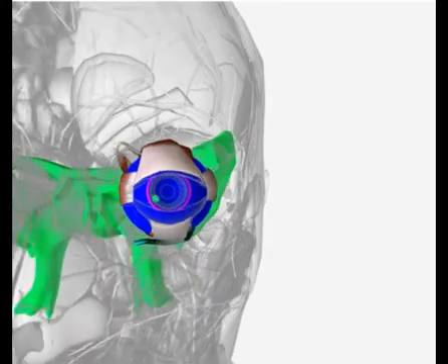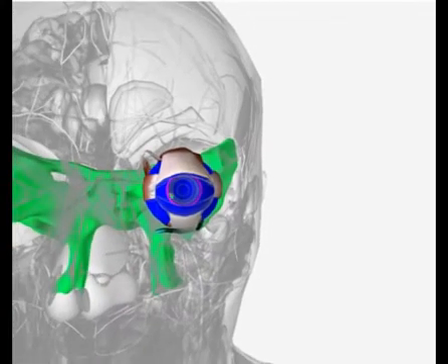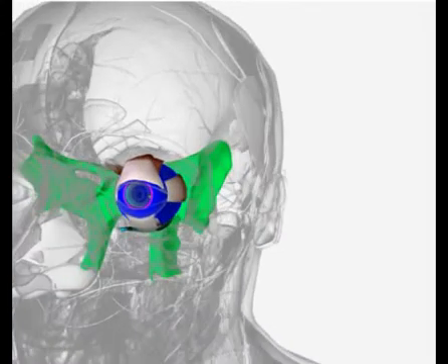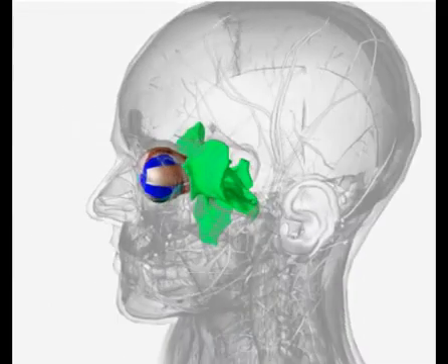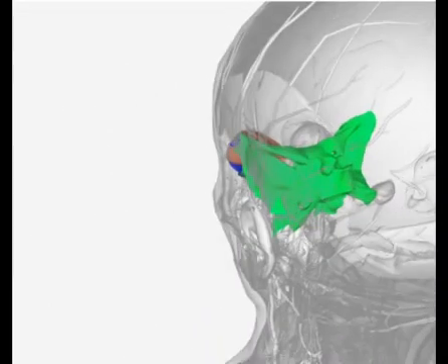This is the sphenoid bone, and when we turn this structure to the other side, because it is not possible to visualize it from this side, over here if you see, this is the superior orbital fissure, and this is your optic canal.